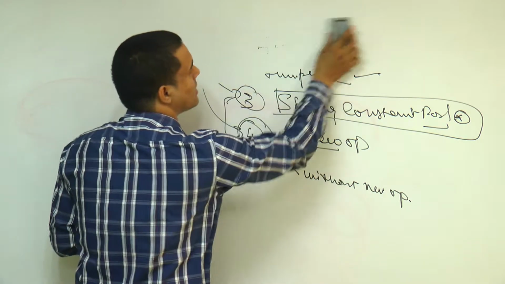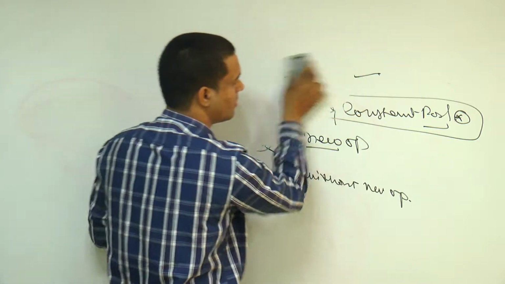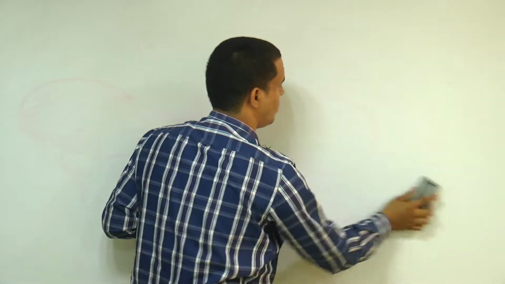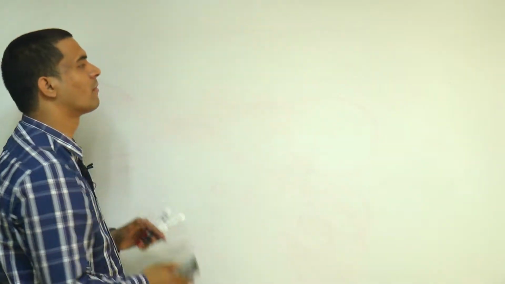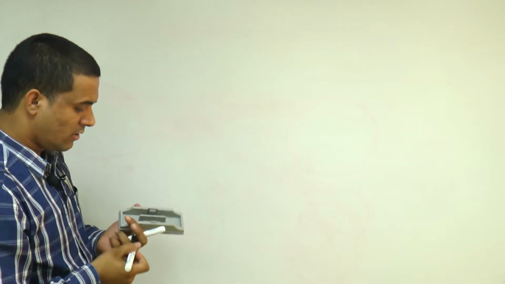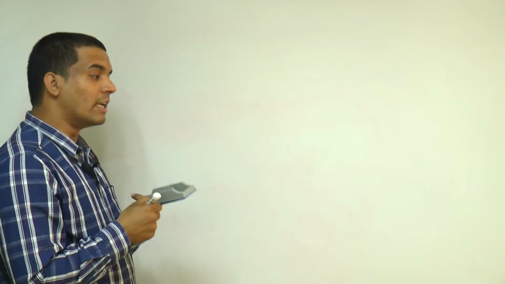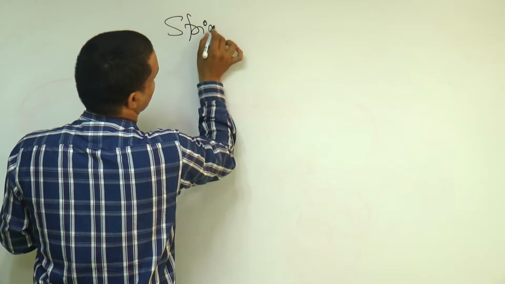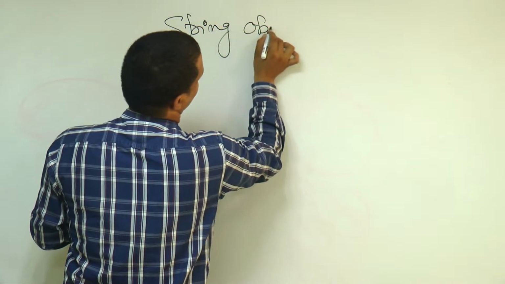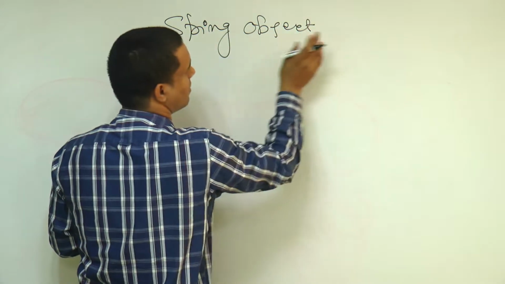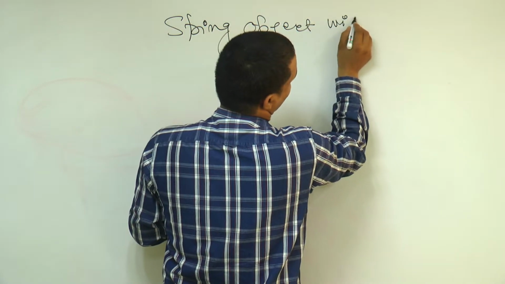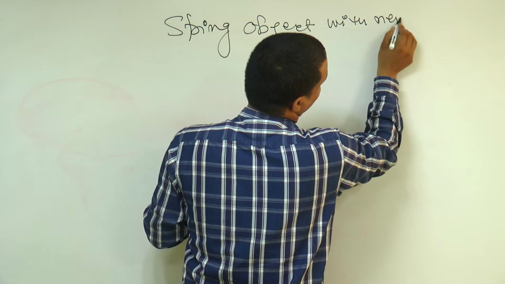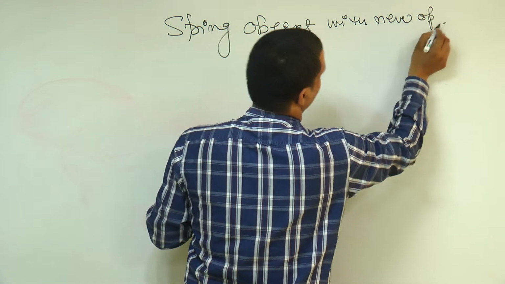So here again, inside this, what am I writing now? First we are going to learn creating a string object with the new operator.